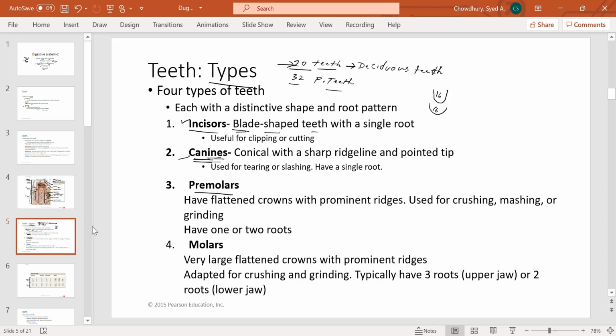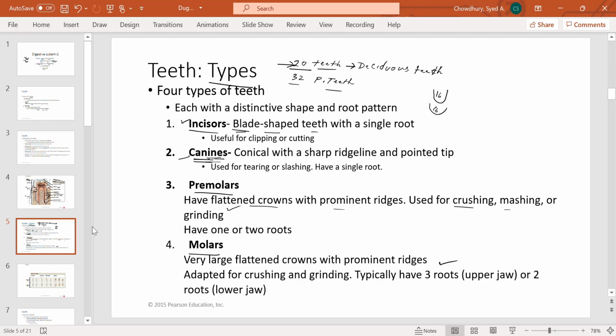Premolars. Premolars have flattened crowns with prominent ridges, so they can help crushing, mashing, or grinding the food. Okay, and molars have very large flattened crowns with prominent ridges.